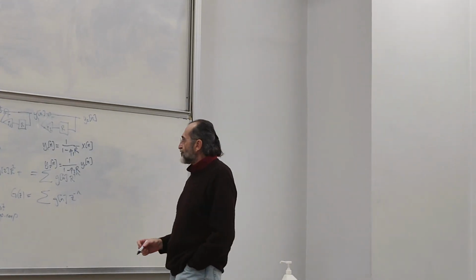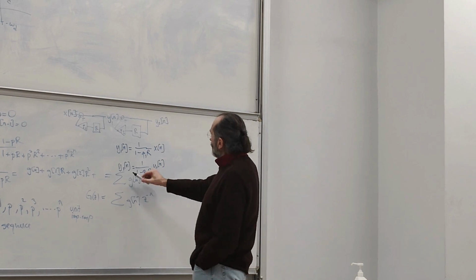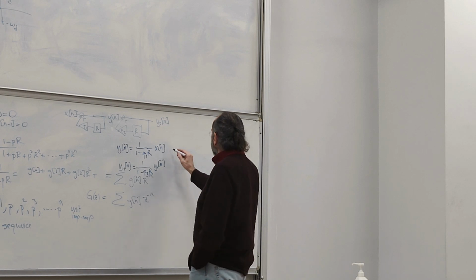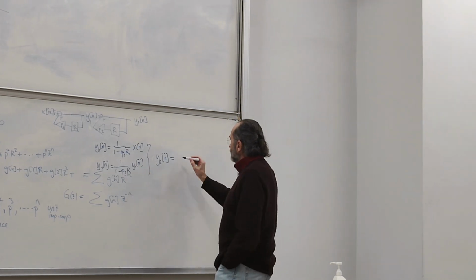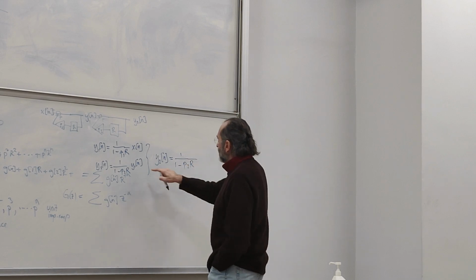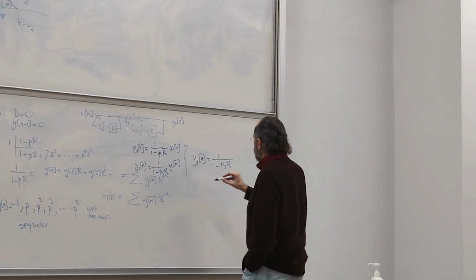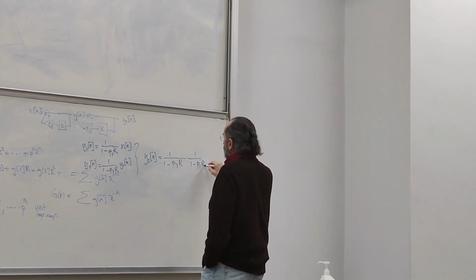So if I replace the intermediate variable y1 of n from this equation, I get y2 of n equals 1 over 1 minus p2R times y1 of n, which is this, 1 over 1 minus p1R times x of n.